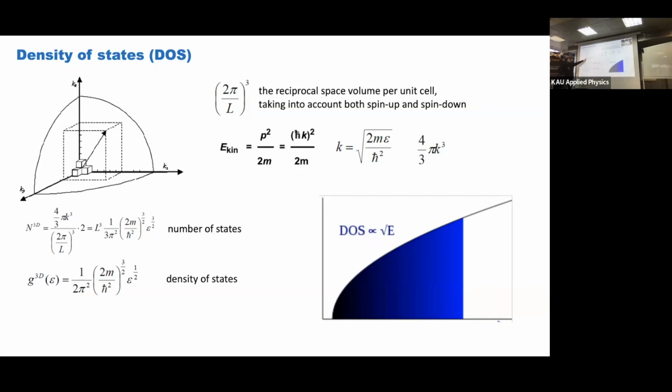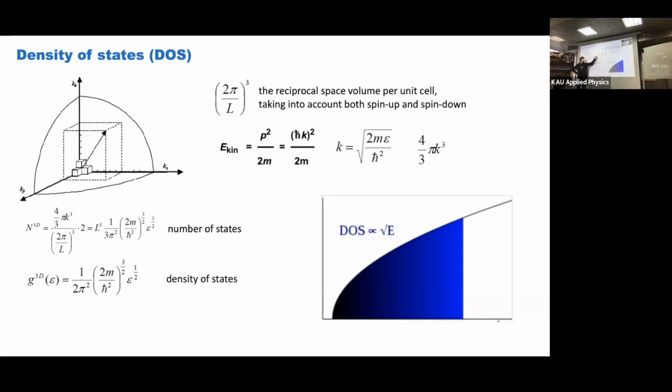What is the volume of this brick? We can take it from the uncertainty principle. So p divided by L, it means that the uncertainty of momentum in the space is p divided by L. I multiply it by 2 because 2 electrons can be in this space, and I have this volume, 2p divided by L, to the power of 3.